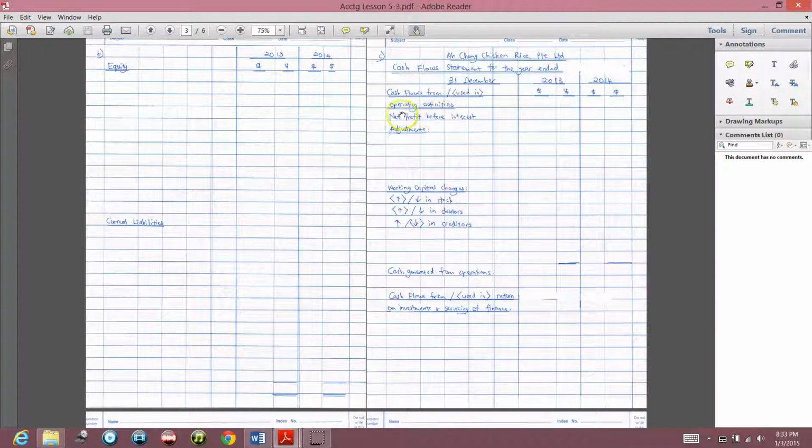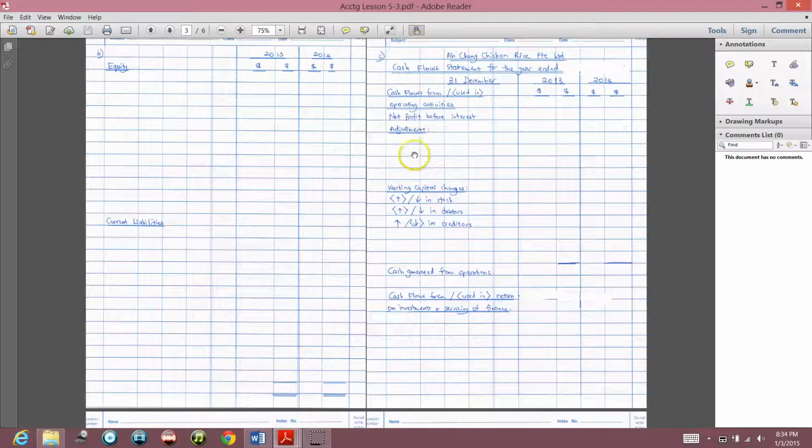But in the exam most of the time, cash flow statement, you should start with net profit before interest. Remember this, net profit before interest, and then put here adjustment. For example, adjustment depreciation, that you must add back to net profit.